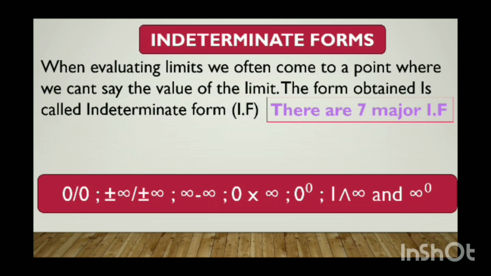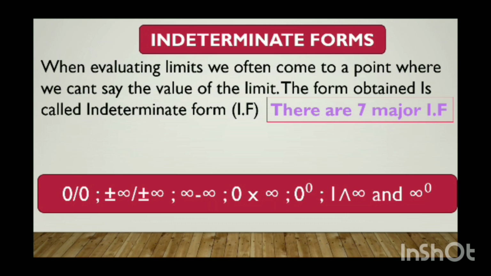These are indeterminate forms. If you subtract a number from itself, you have 0. Let's say 2 minus 2, 5 minus 5, you have 0. Does it mean infinity minus infinity is 0? No, because we don't know the value of the infinity. Infinity just means a very large number, but we can't tell its value.